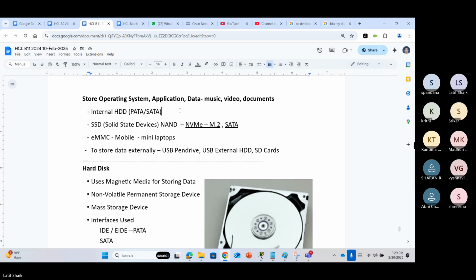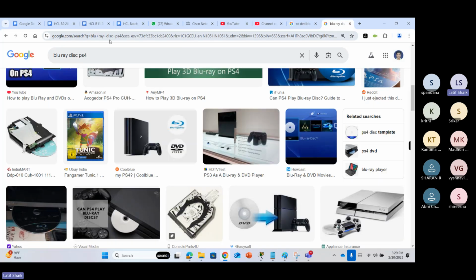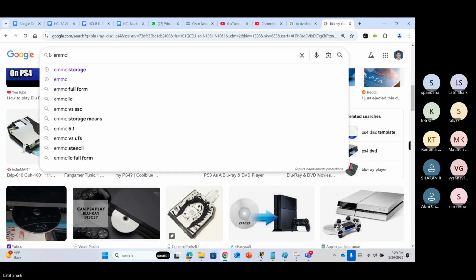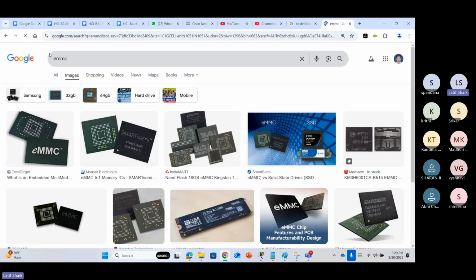eMMCs are simply chips which are built inside your laptops, tablets, and so on. eMMC is a memory storage chip. Generally it is inside your mobile phone, where your data is stored.